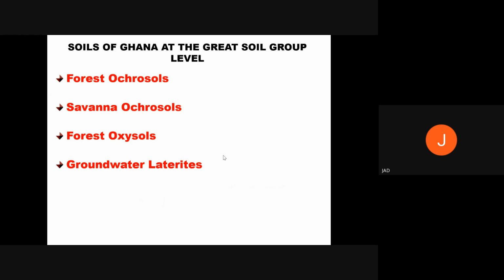Then we also have the groundwater laterites. These are a form of reddish soils. You normally find them in the northern part of the country, and they are highly resistant to water percolation. Then we have the tropical black clays. A good example is the Moronite that I mentioned. Then we have the tropical grey earths.